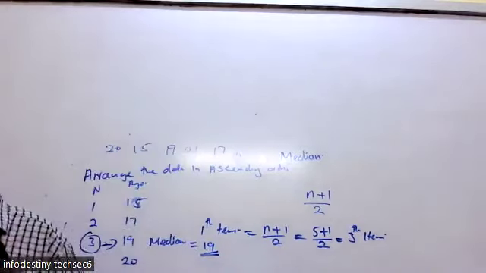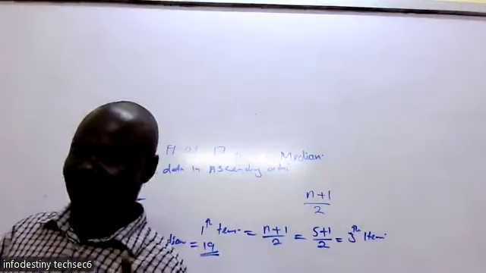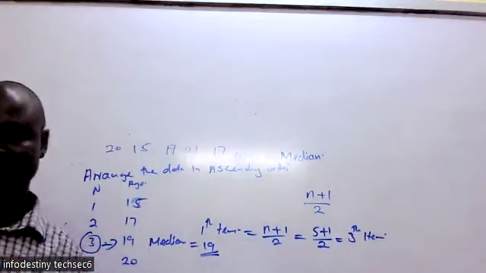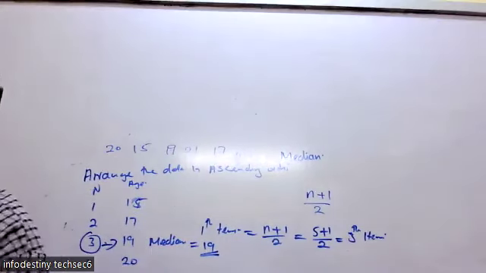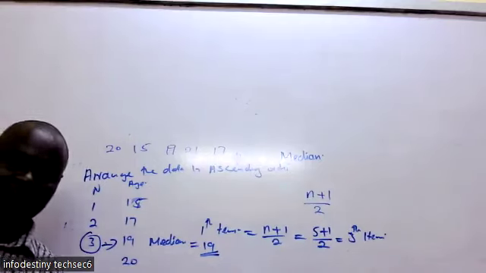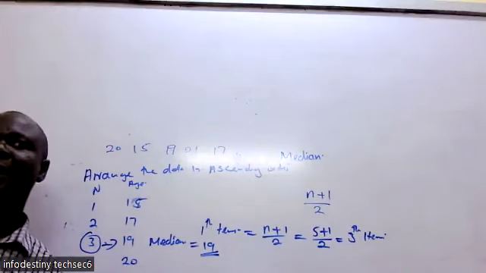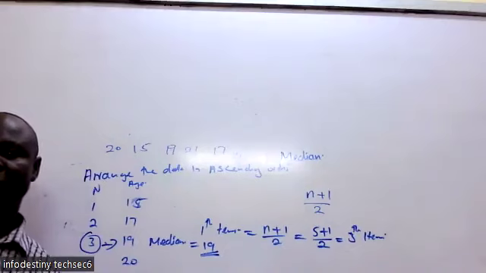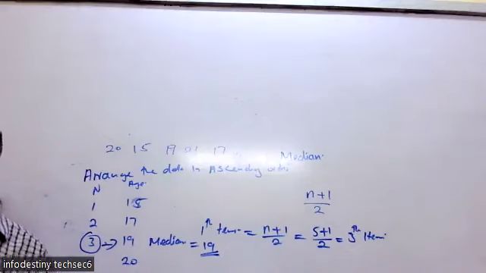But now let's just get that one first before we go to the even number. Is that okay? That is an odd number. We want to go to the even number. Now you go to even number, you write even number.